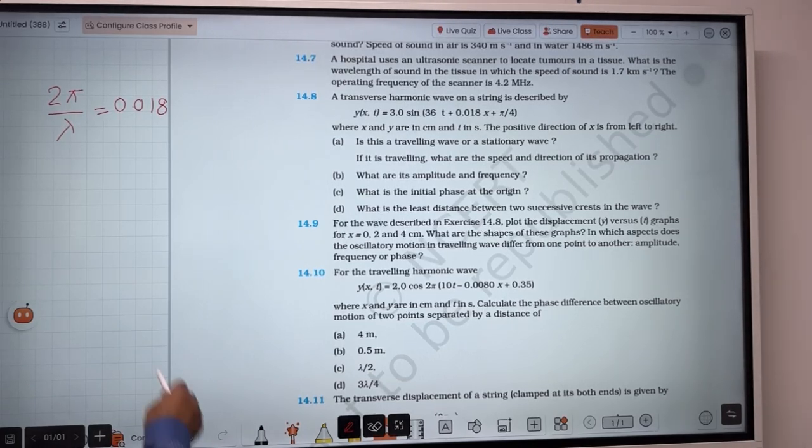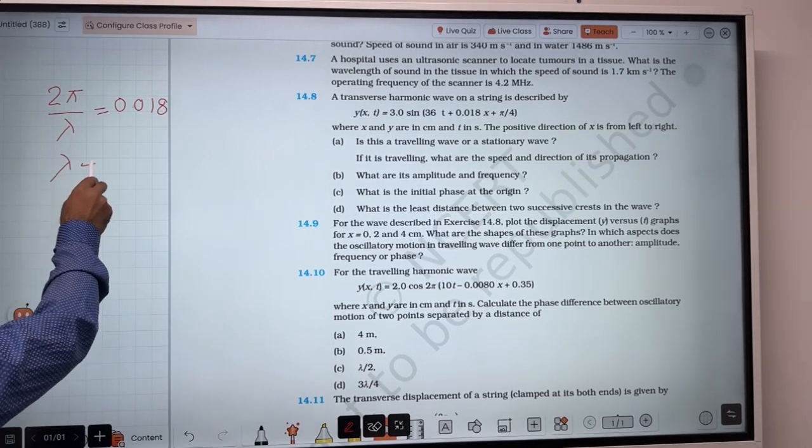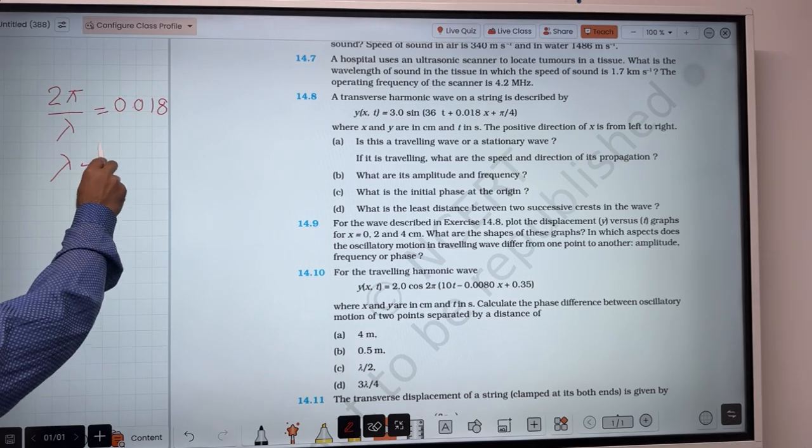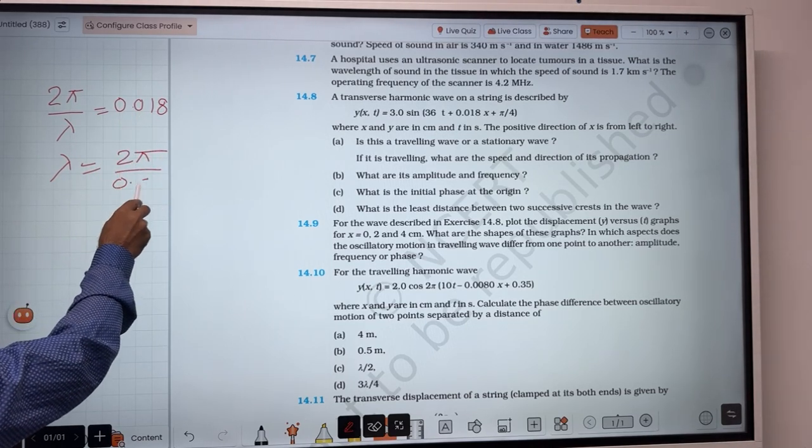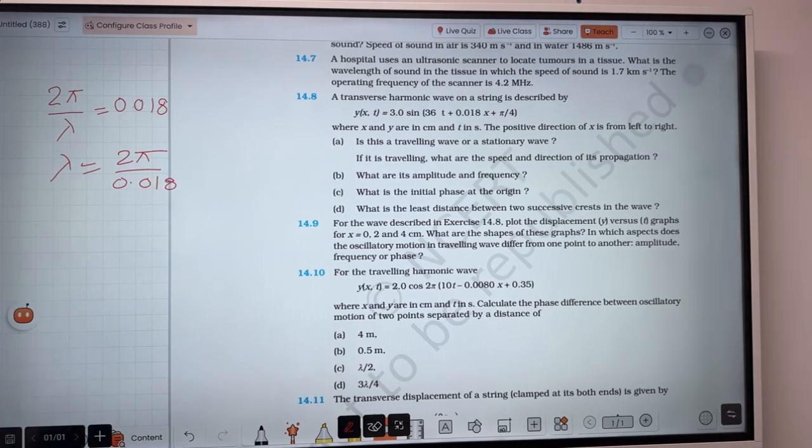And then we can evaluate lambda. Lambda will be equal to 2π divided by 0.018, and it will be in centimeter. We can convert it into meter also.